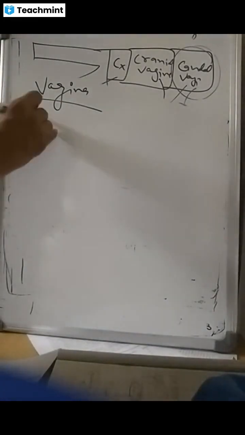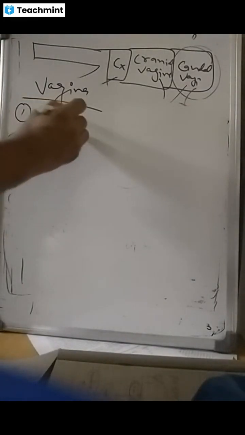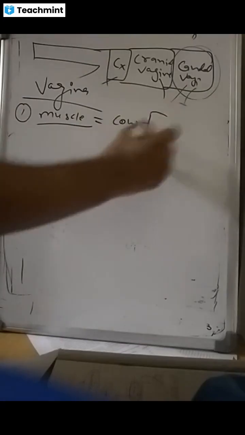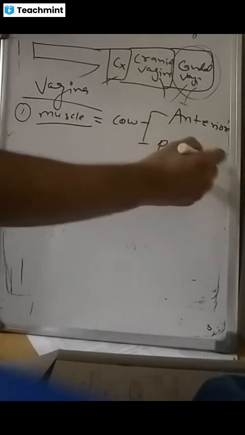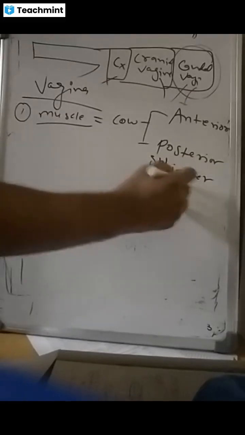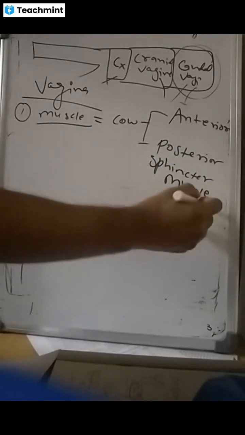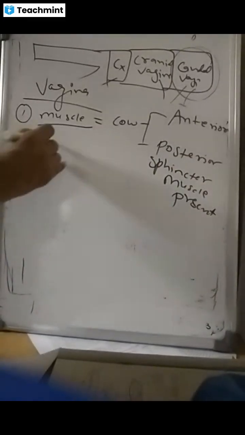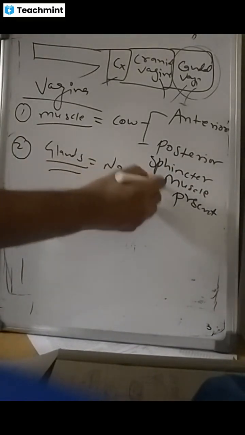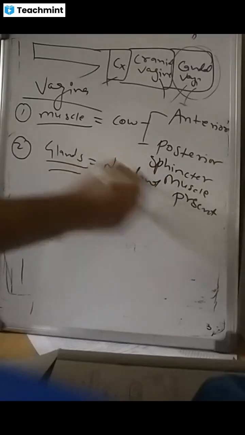In case of vagina, the structures present are muscles. It is a muscular organ, not fibrous. In case of cow, anterior and posterior sphincter muscles are present. Number two, glands are not present.